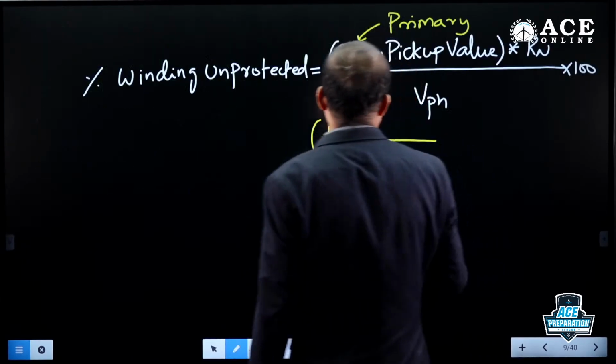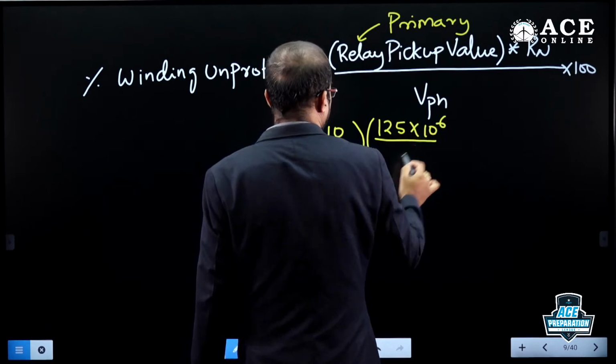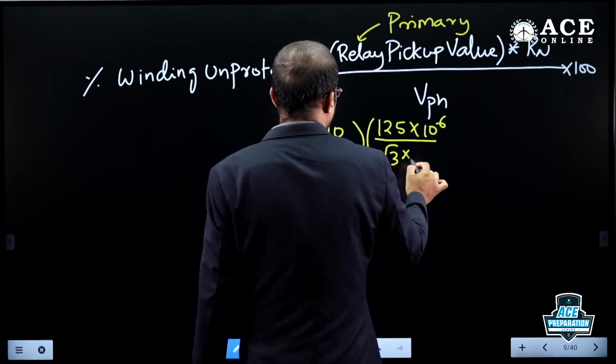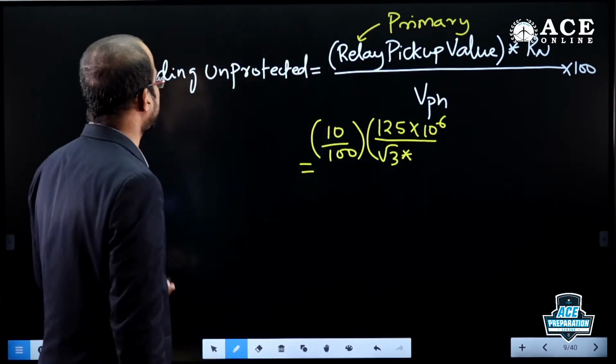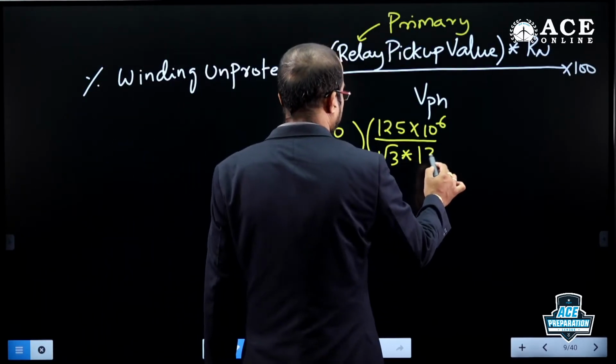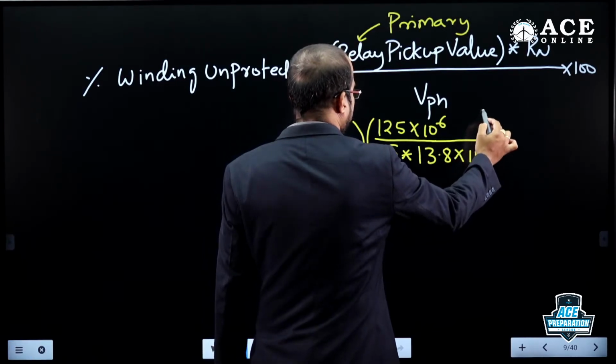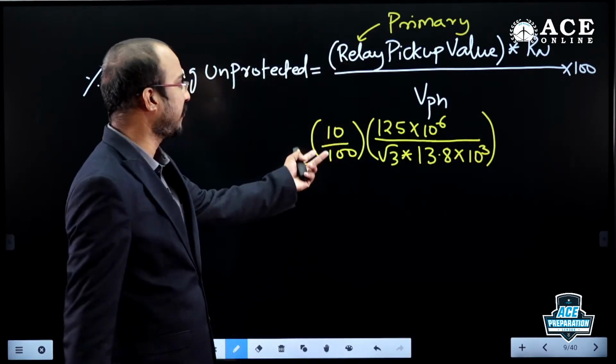S is 125 MVA, so 125 into 10 power 6 by root 3 times VL. VL is 13.8 kV, so 13.8 into 10 power 3. This is the 10% of full load current.